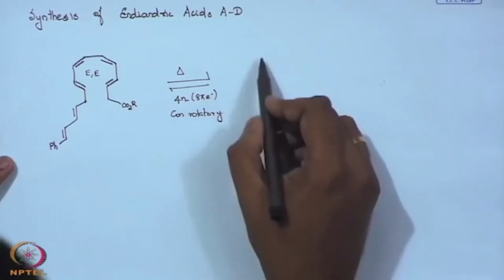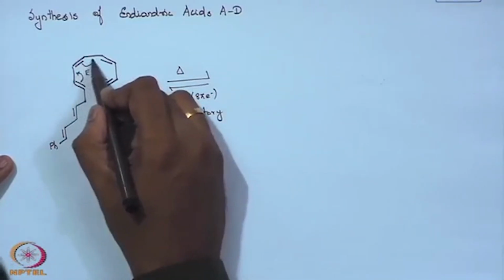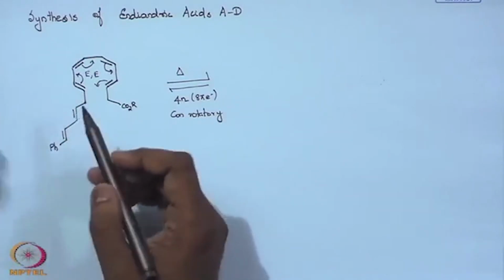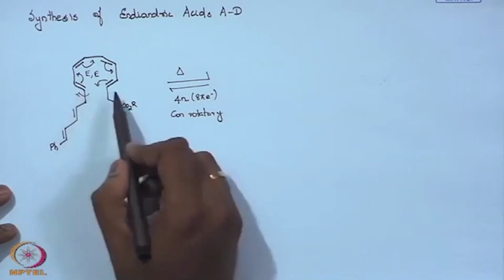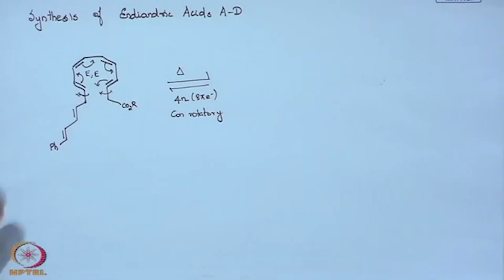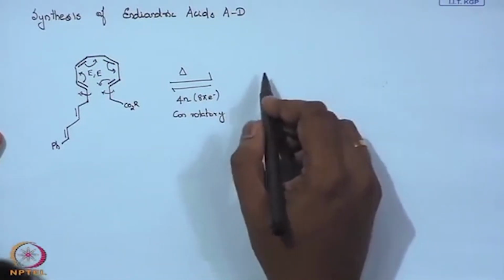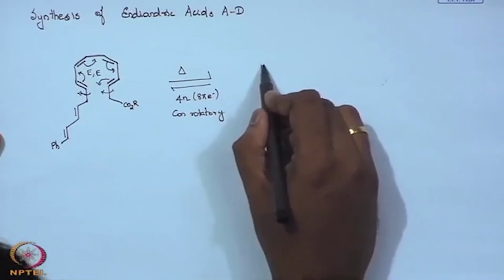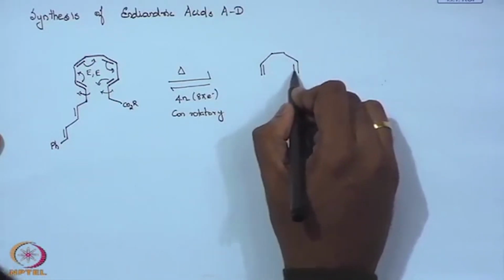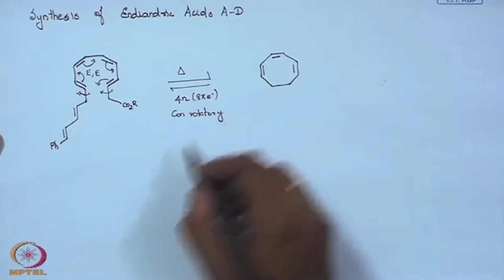So, what happens, and you know about the conrotation mode, right. Either it should be clockwise, you can think about clockwise; both should be in the same direction because it is conrotatory. So, then you get a product, fine.